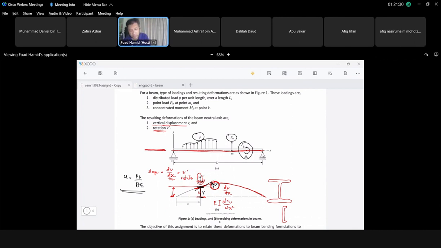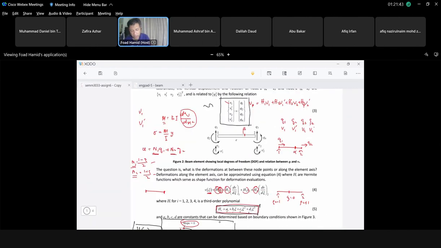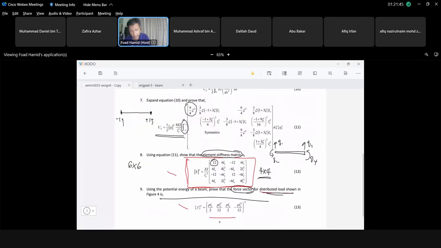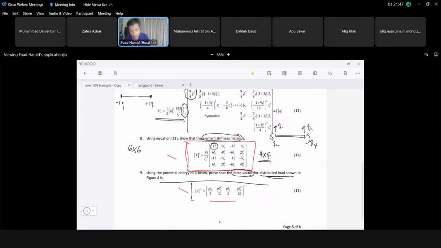Because distributed load happens on a certain line, it will involve the elements. So that is why we need to find this thing here, what we call the force vector for distributed load, at one element.